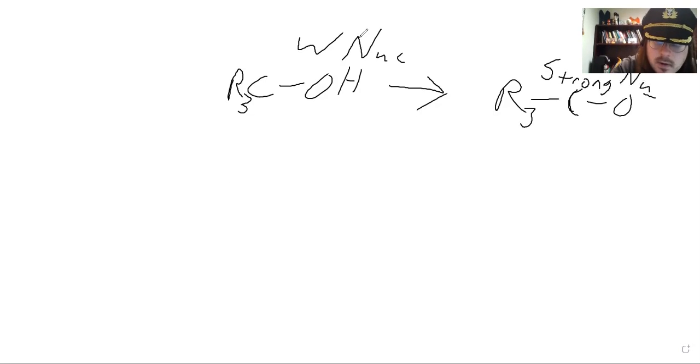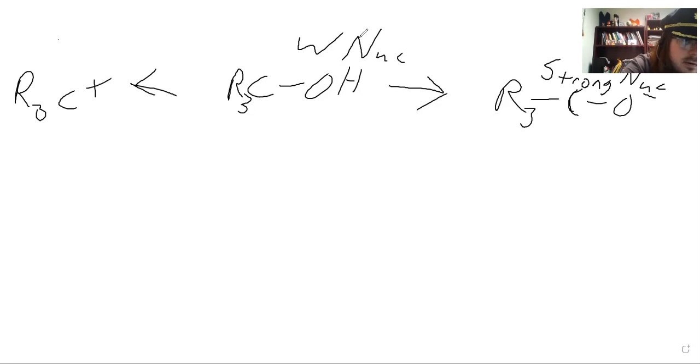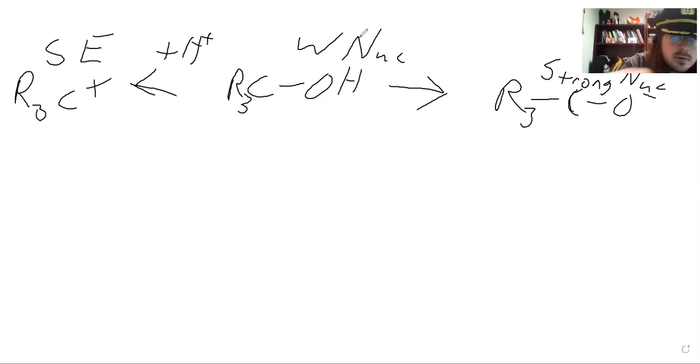However, if we can cleave the CO bond, we can get a particularly strong electrophile. So depending on how we go about this, if we cleave this by protonation, we protonate this, add hydrogen, and lose the water.